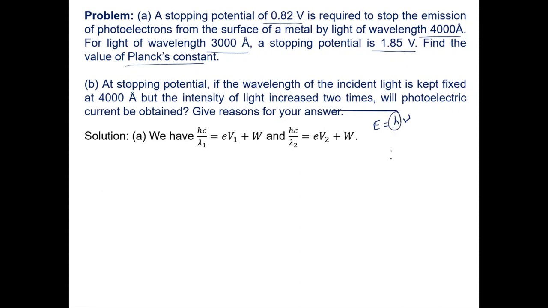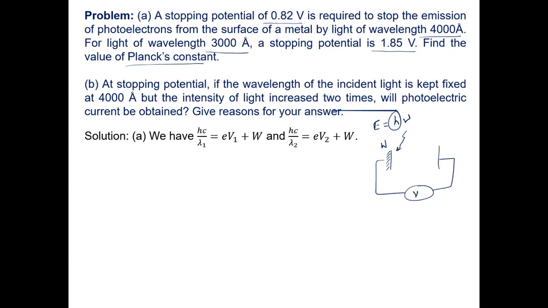So you have this setup where you have incident light on this metal surface, and it's the same metal surface, keep that in mind, with a work function W. And now you apply a voltage.